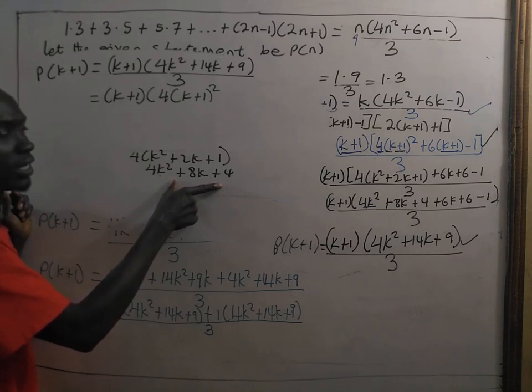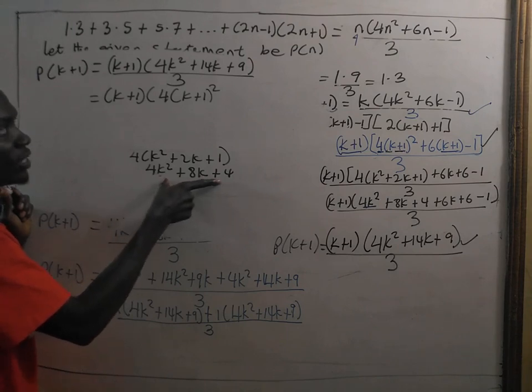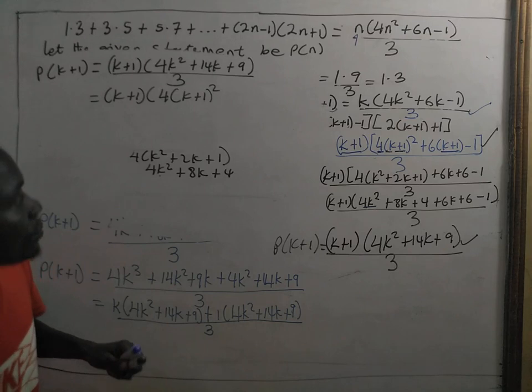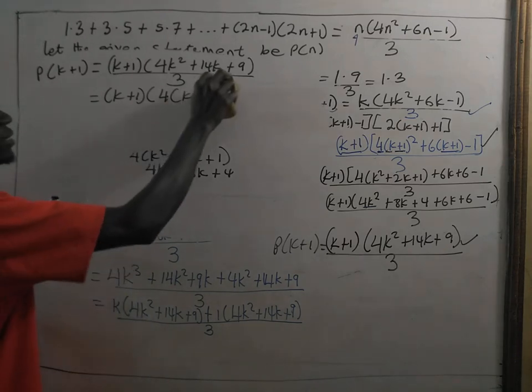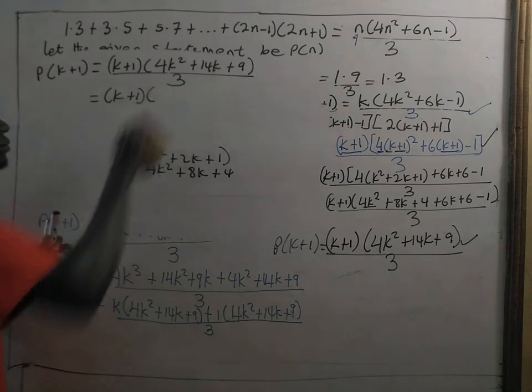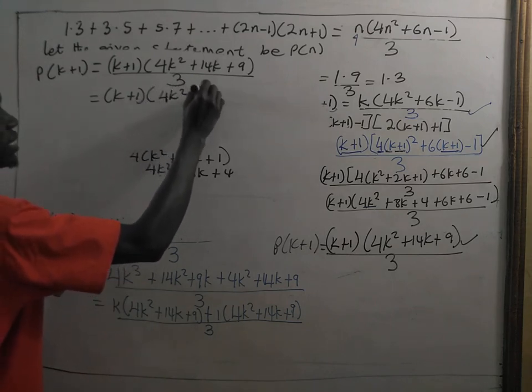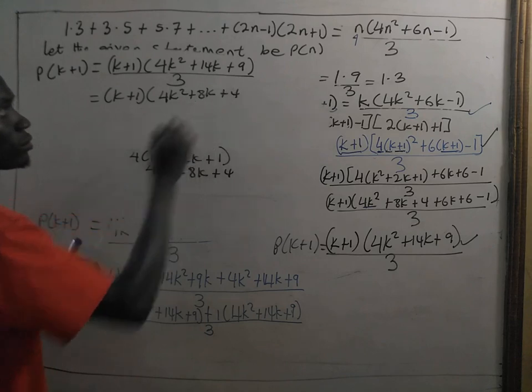So it implies that I have written this here. Let me clean it for you to see. It implies that I have written here 4k squared plus 8k plus 4.